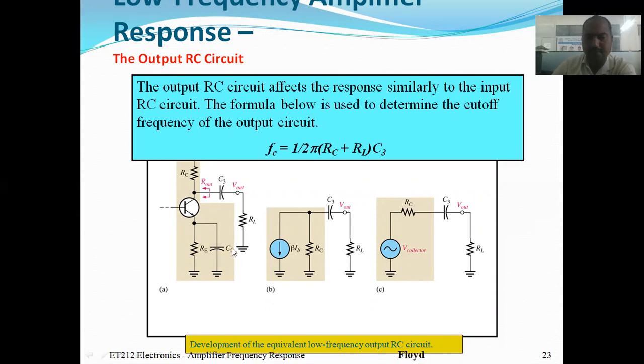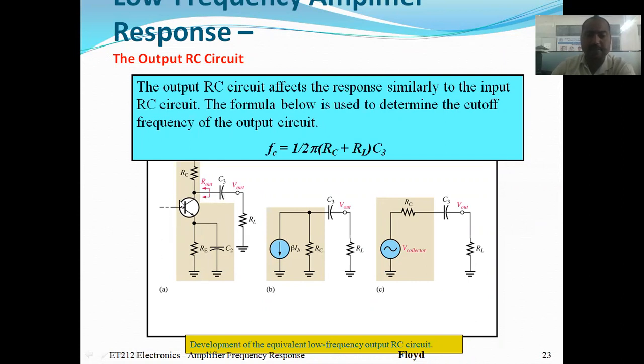C2 is called the emitter bypass capacitor, C1, which is not shown here, is called the coupling capacitor, and C3 is also called a coupling capacitor. So only these capacitors take part in the circuit operation. Why? During the low frequency signal, the effect of this coupling capacitor 1 and coupling capacitor 3, right?